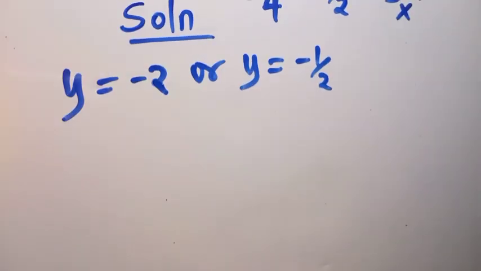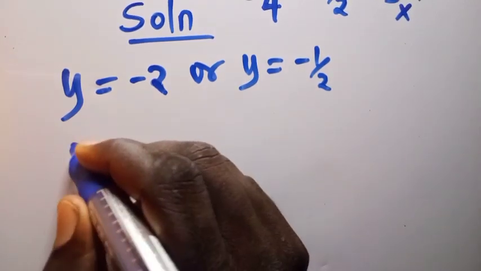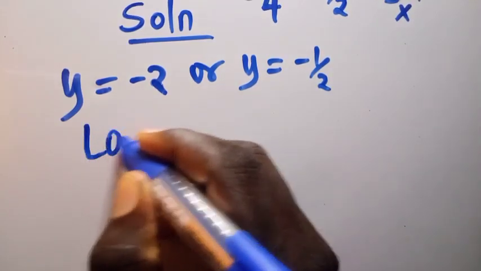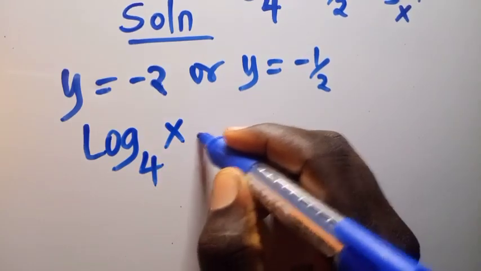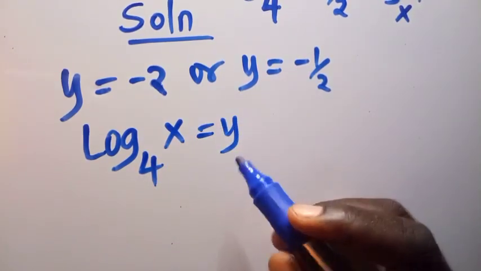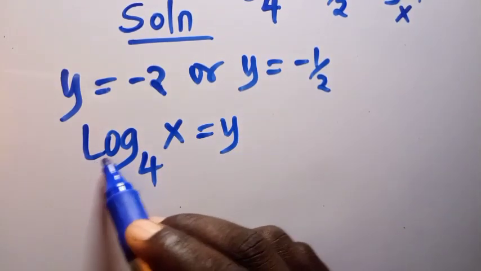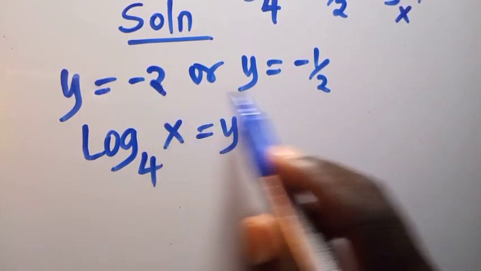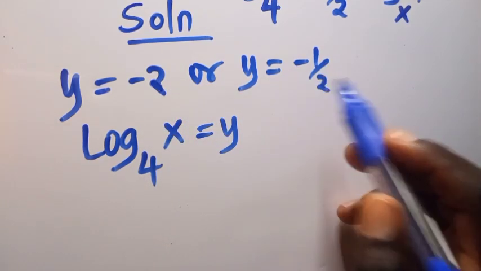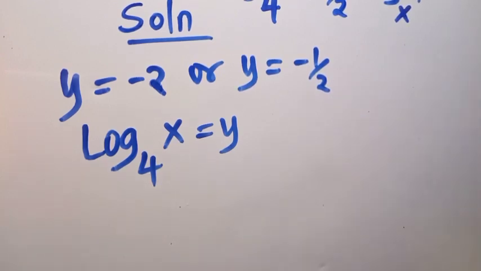Since we let the logarithm of x base 4 be y, the logarithm of x base 4 equals negative 2, or positive a half.